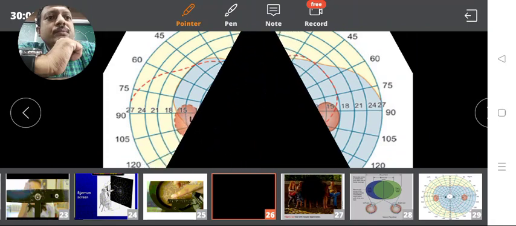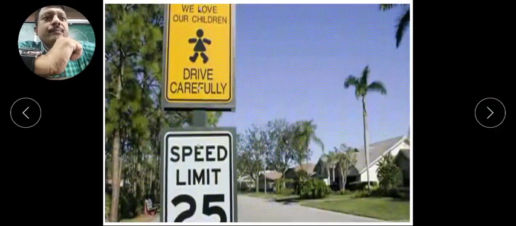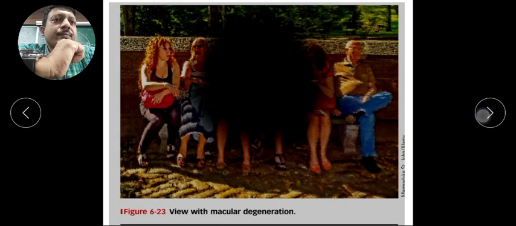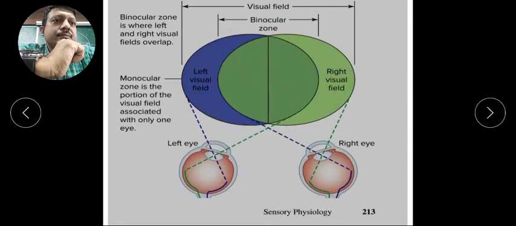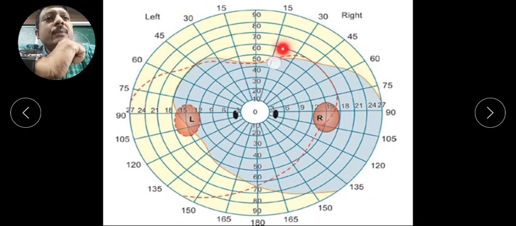You have to record the visual field for the right eye.